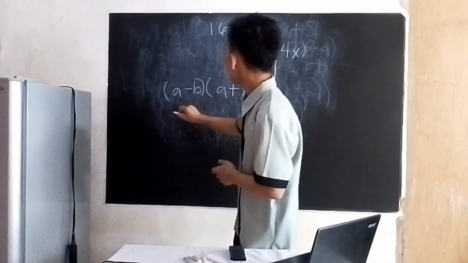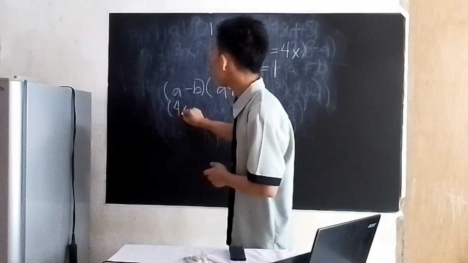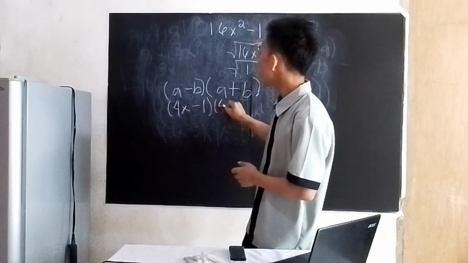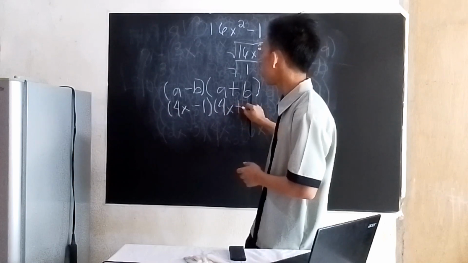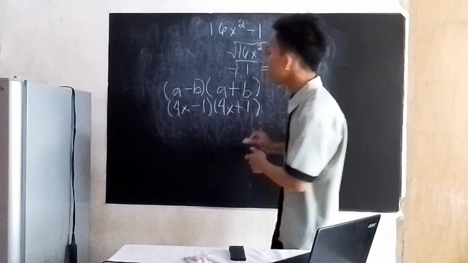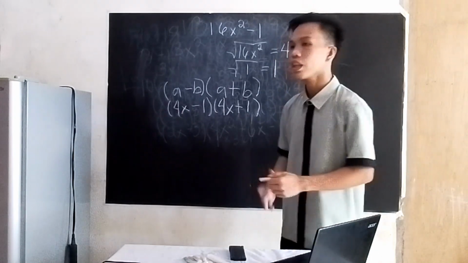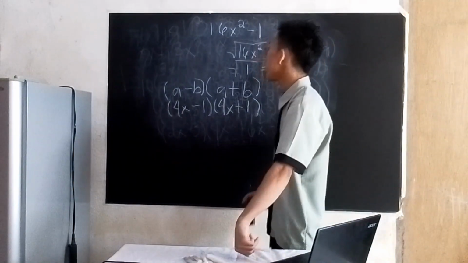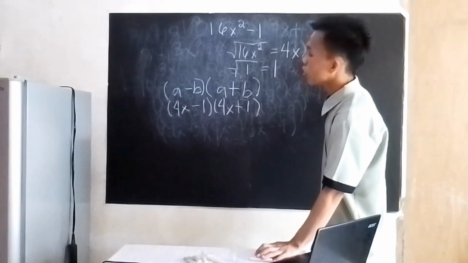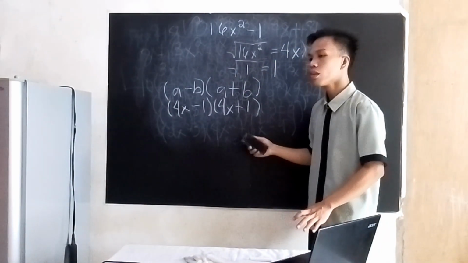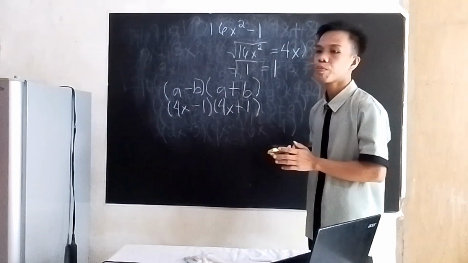So that will be 4x minus 1 multiplied by 4x plus 1. So that is how we perform the difference of two squares in finding the factors of a polynomial. Are we clear with this type of factoring?